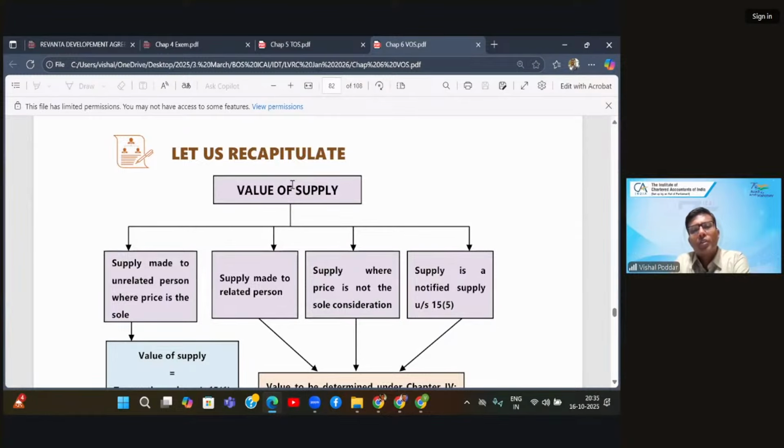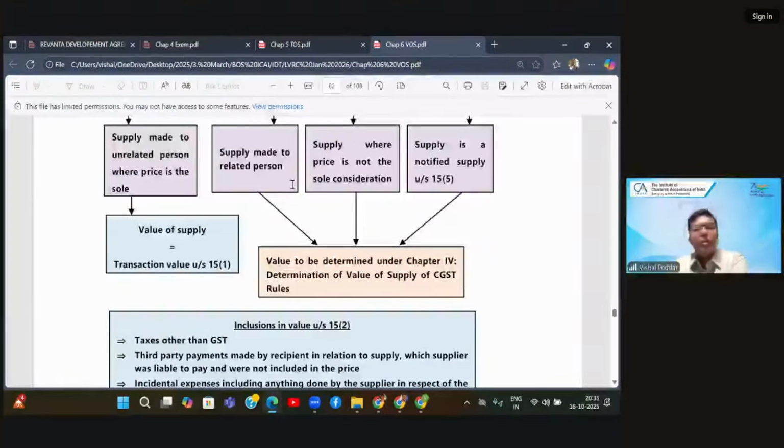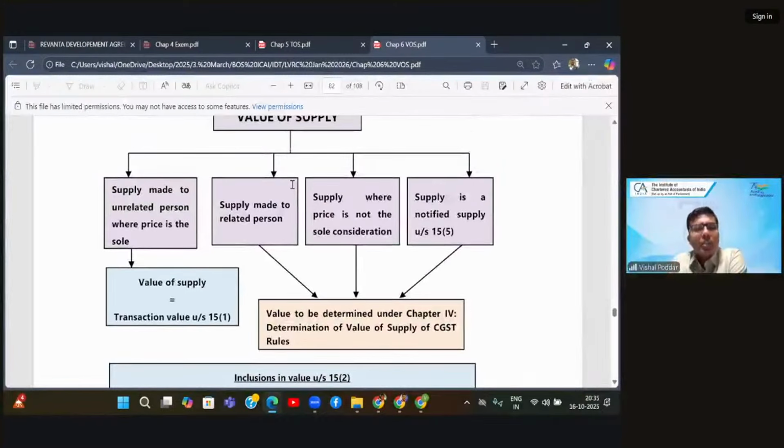Now, when you see the valuation section, which is provided under section 15, the valuation section is split into three types of values. First is under 15.1, which is transaction value. Then under 15.4, which is where a transaction value fails, so you go to the valuation rules.